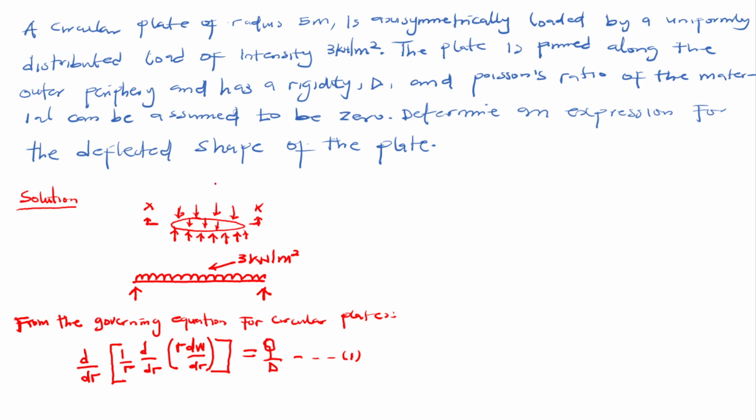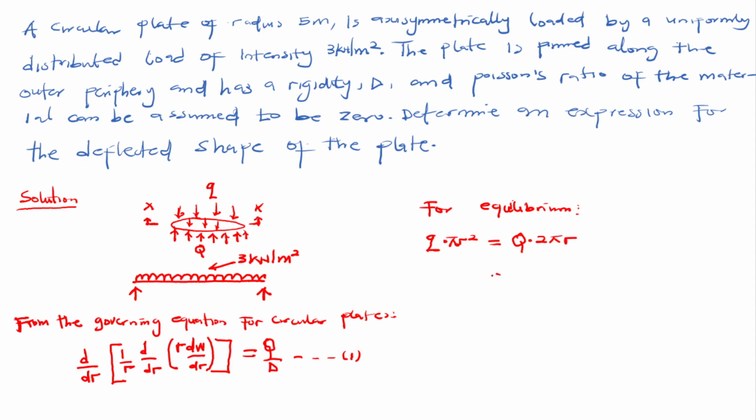Now let's say the force acting on the plate, let's call it q, and the force resisting the action, let's call it big Q. So for equilibrium, the action of this force, acting over the area of the plate, must be equal to this resisting force acting at the circumference of the plate.